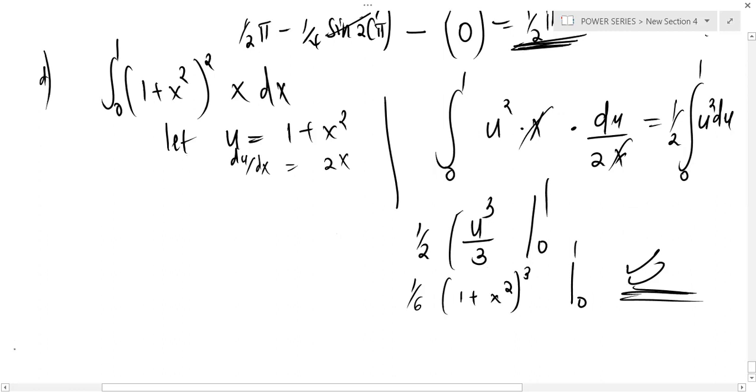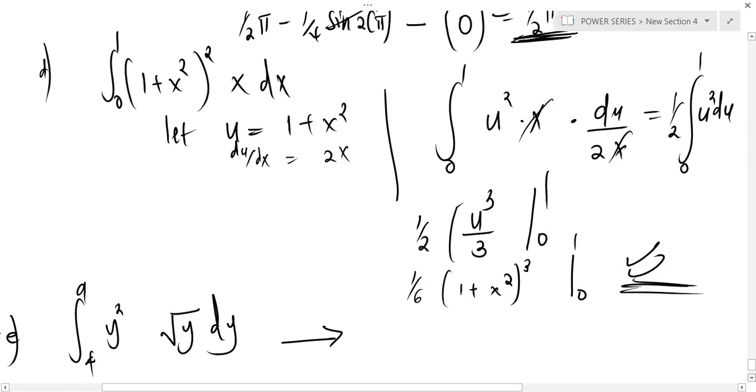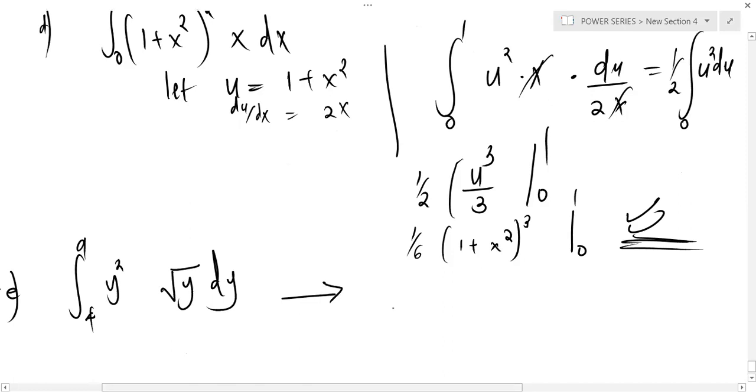Part E. The integral from 4 to 9 of y squared root y dy. Even this one, just write it simply. This is the integral from 4 to 9 of y squared, and this is root y, so let me write it as y raised to power half dy.